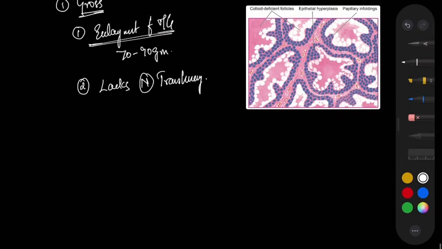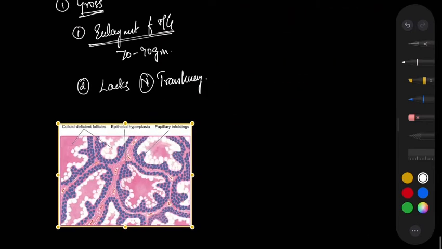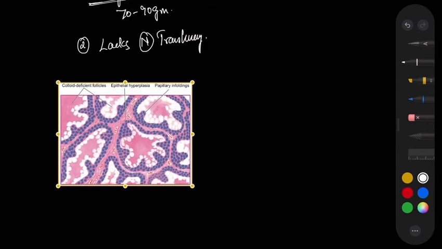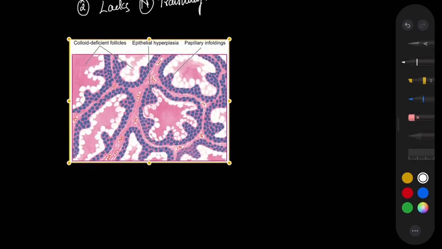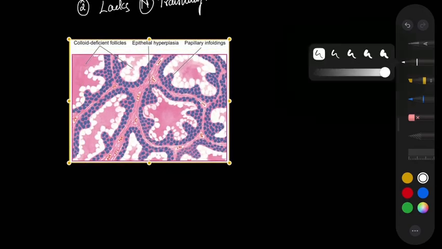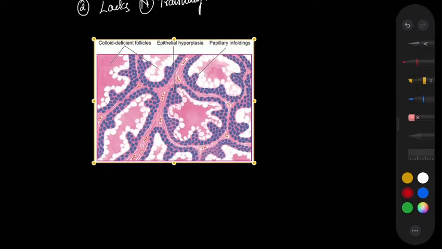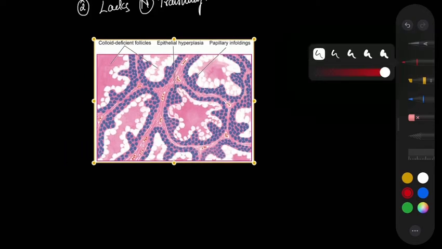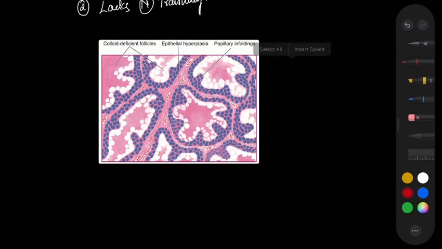Now, coming to the microscopic features. In the microscopic features of Graves' disease, we see the following things. We see papillary infoldings. As you can see here, the papilla is infolding.